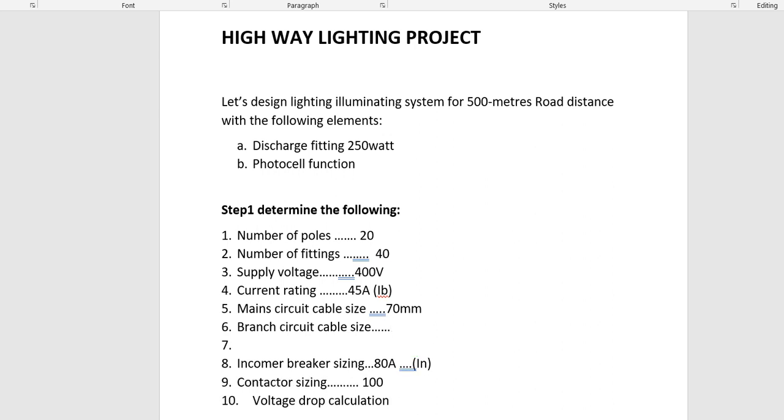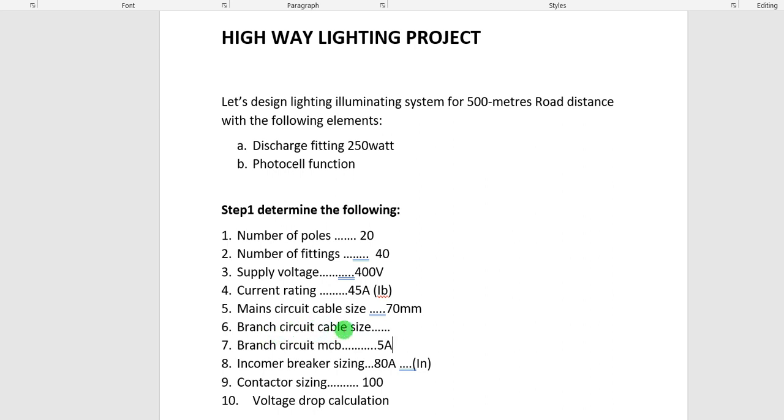We need to insert our branch circuit MCB. The branch circuit MCB is 5 amps; we have gotten that already.